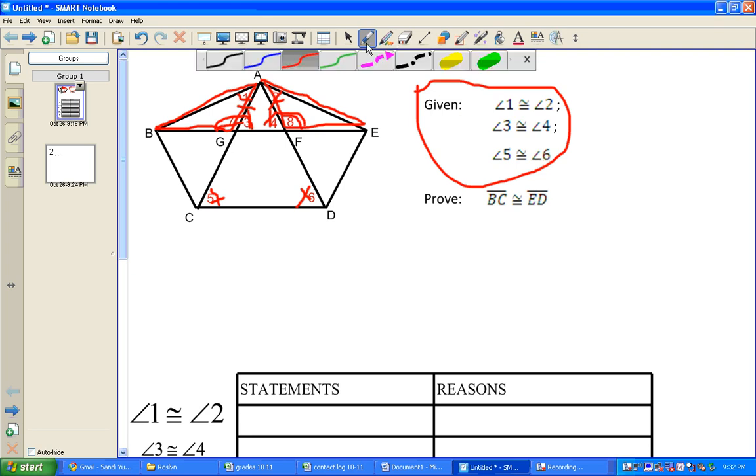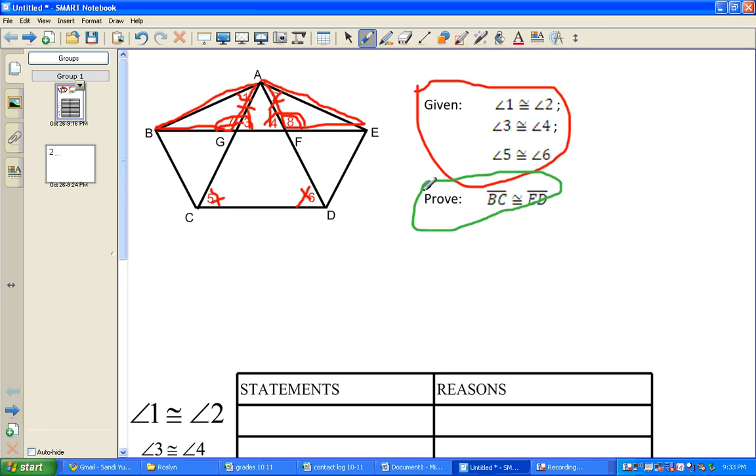At this time, why don't we try to look into what we need to prove right over here. Now, line segment BC has to be congruent to line segment ED. Then which triangles do you think we can prove congruent? In fact, there are a few ways of doing it.